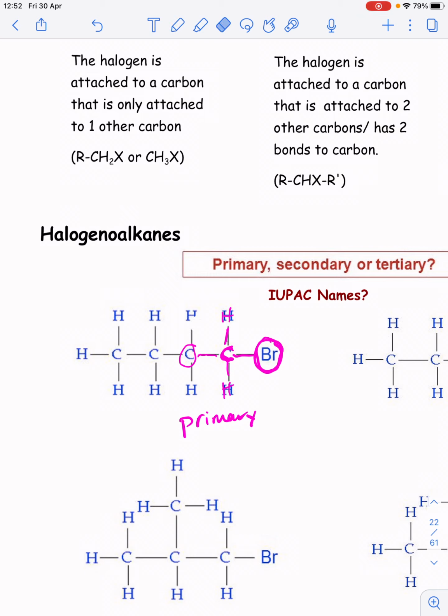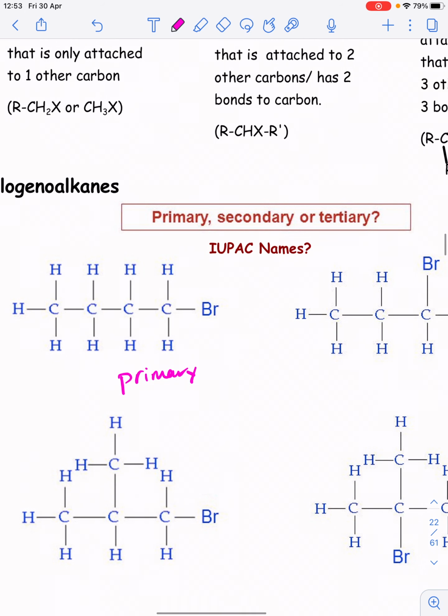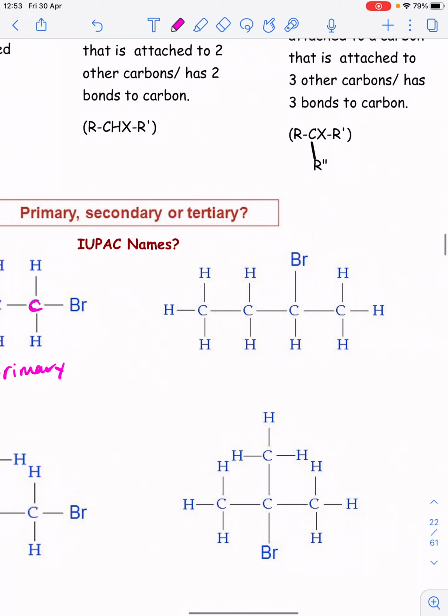So that's where the one and primary comes together, only attached to one other carbon. And that's relevant because in this example, the bromine is really sticking out at the end of the chain, and this carbon has one carbon-to-carbon bond and two carbon-to-hydrogen bonds. So it changes how this molecule can react because it has different bonds attached to it, so it becomes more or less likely to undergo different chemical changes than a carbon that, in the next example, this carbon is attached to the bromine, so that's the carbon we're focused on.